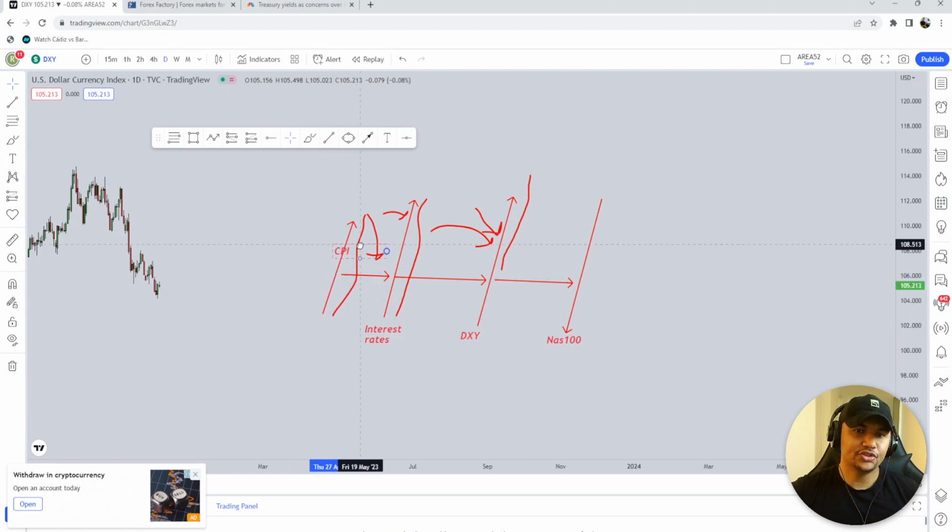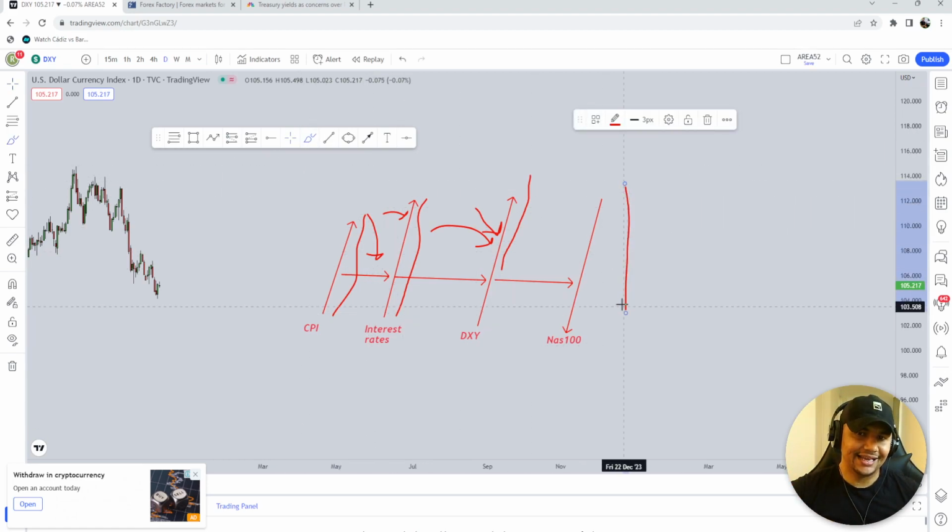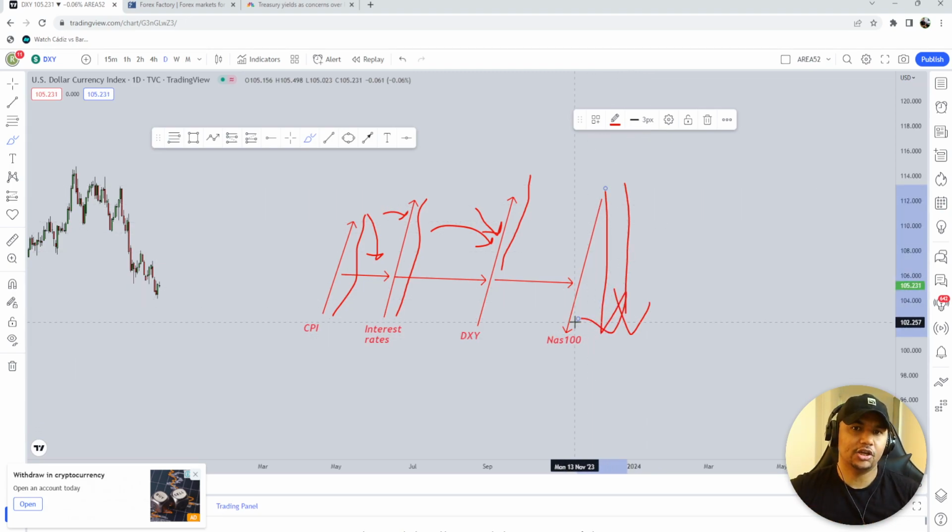But if consumers are filled with debt because of high interest rates, that means consumers don't have the money to buy a new iPhone or a product on Amazon. And as a result of that, the companies' share prices on the stock market drop. Because why? Nobody wants to invest in a stock that they know is not going to make money. And there we see the dollar index up and the stock market fall.